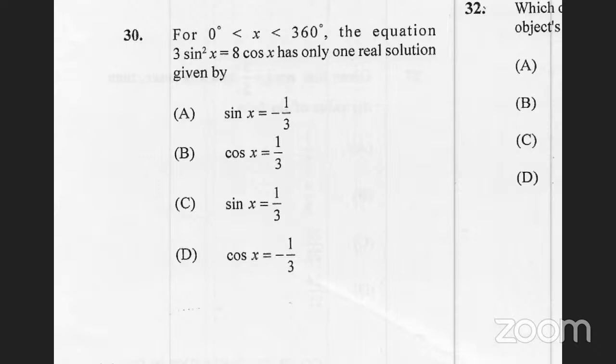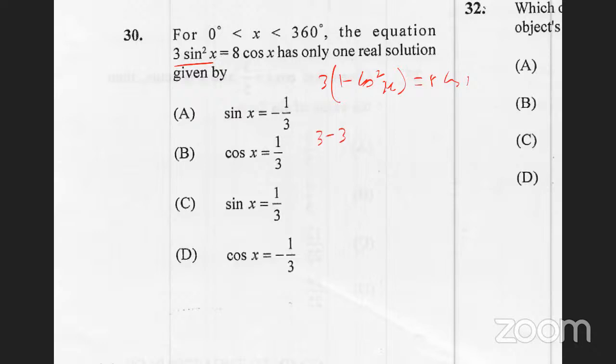Right, next one, solve the equation. You have to just turn it into a quadratic. That's 1 minus cos squared x is equal to 8 cos x.